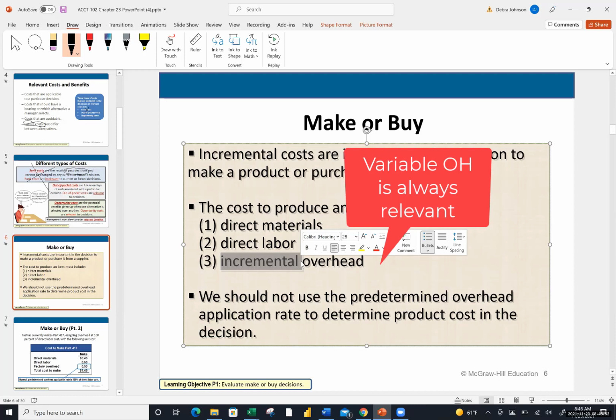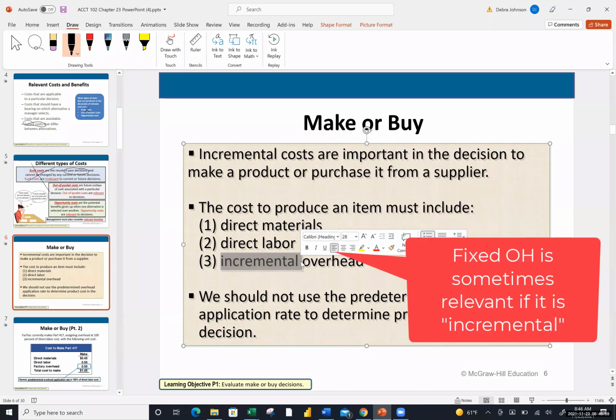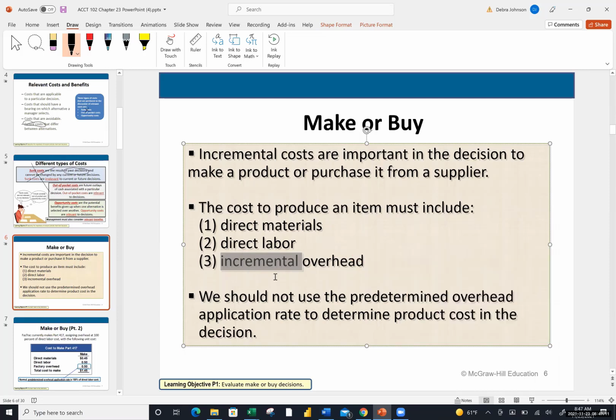And you might be asking yourself, well, can I just put an X through fixed overhead? And the answer is no. If the fixed overhead is some overhead that you need to incur in order to make the part, then that would be relevant. So we want to take special looks at the overhead. Variable overhead is almost always included.